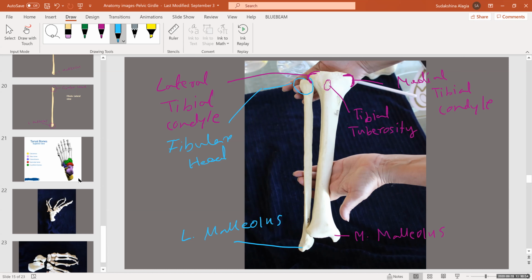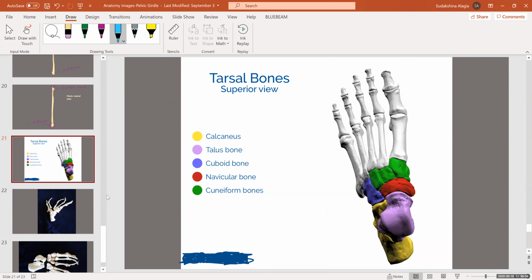So let's look at it integrated first. This is a nice picture that I found. Calcaneus and talus. So basically, tarsus. Tarsus stands for the bones that make up our heel and the very first part of the plantar arch.